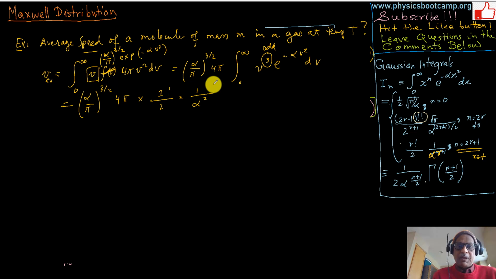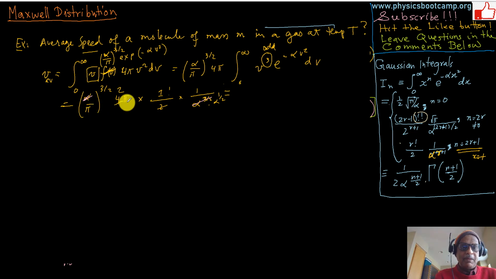Okay, so we get here, this 2 cancels, becomes 2. So this is 3/2 times alpha to the power 1/2, right? So this cancels that, and this is pi.